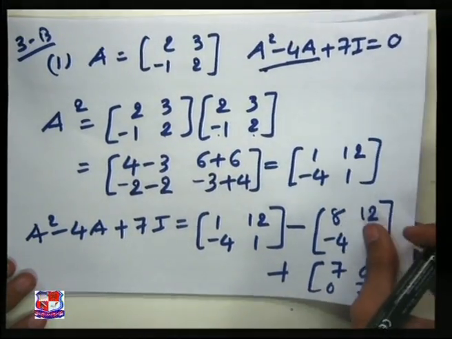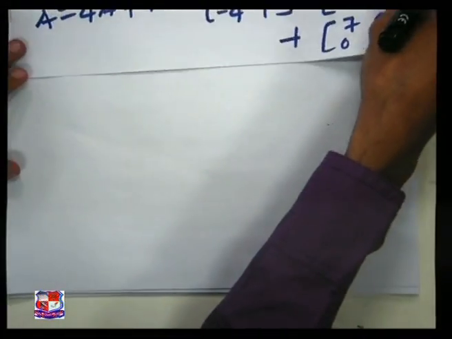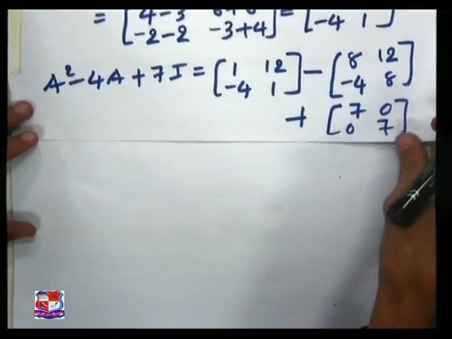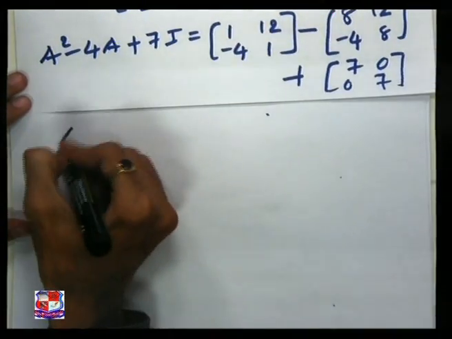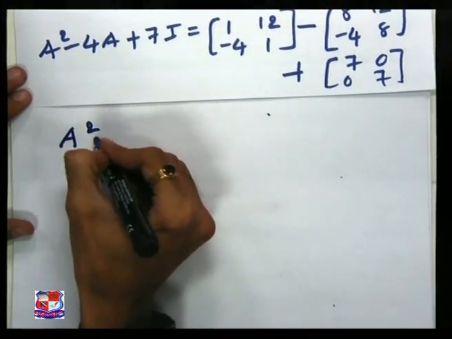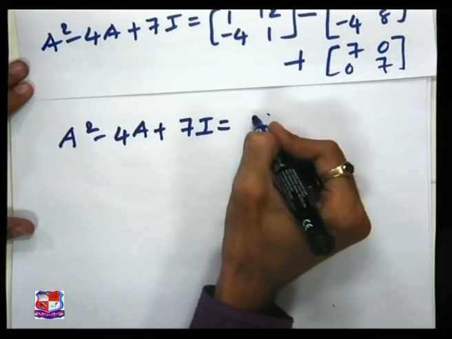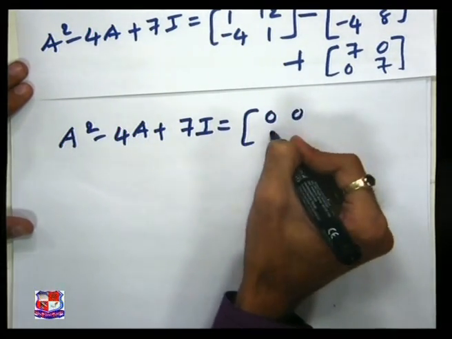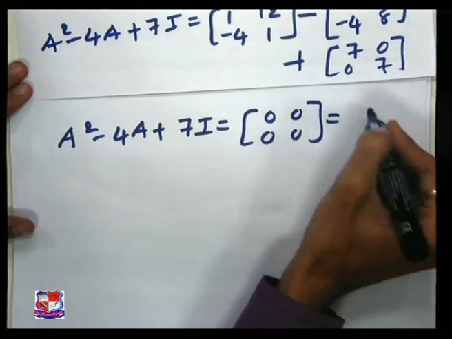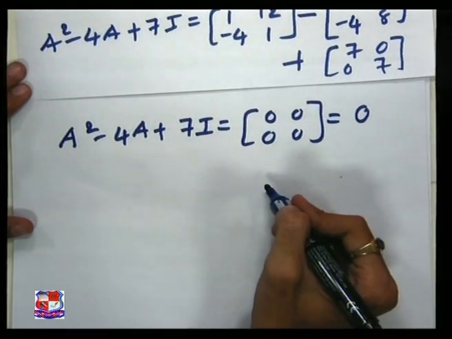So we get that A square minus 4A plus 7I is equal to 0, 0, 0, 0, that is the null matrix.